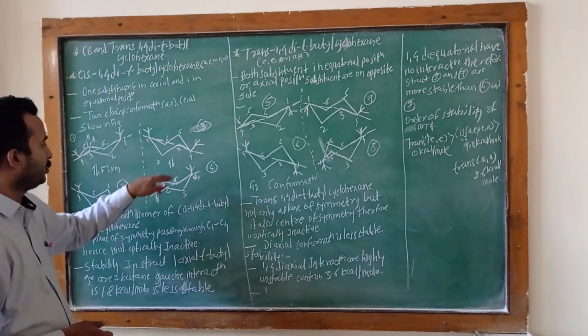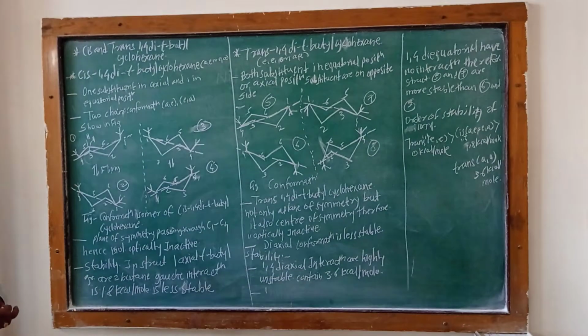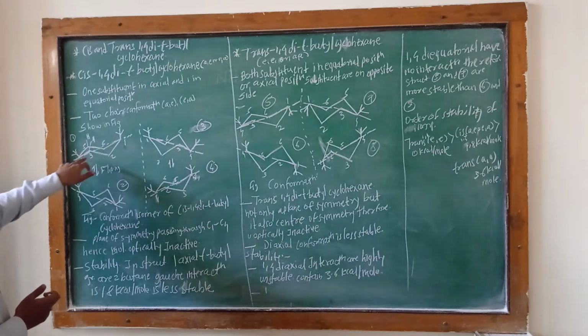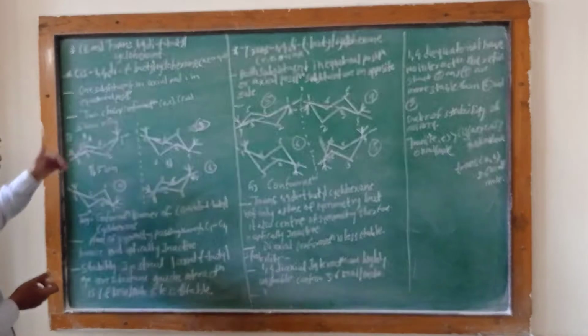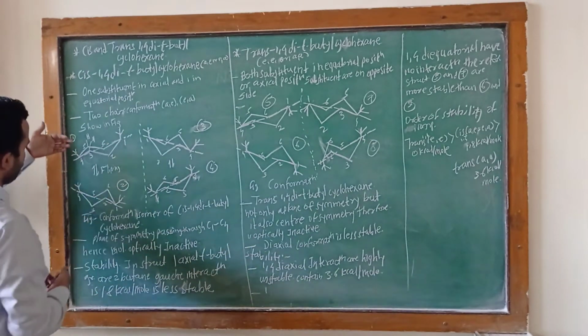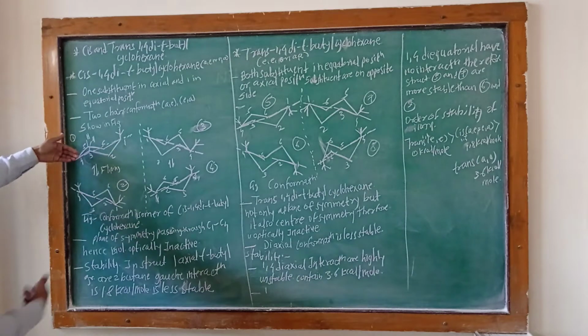These are superimposable mirror images, and the second structure, equatorial axial, is likewise a superimposable mirror image.